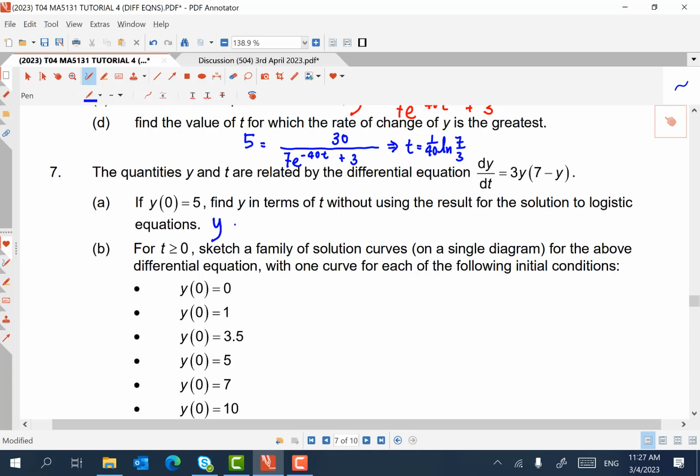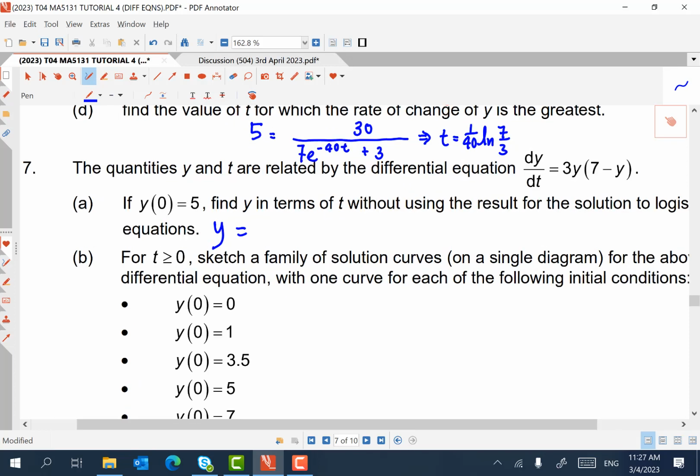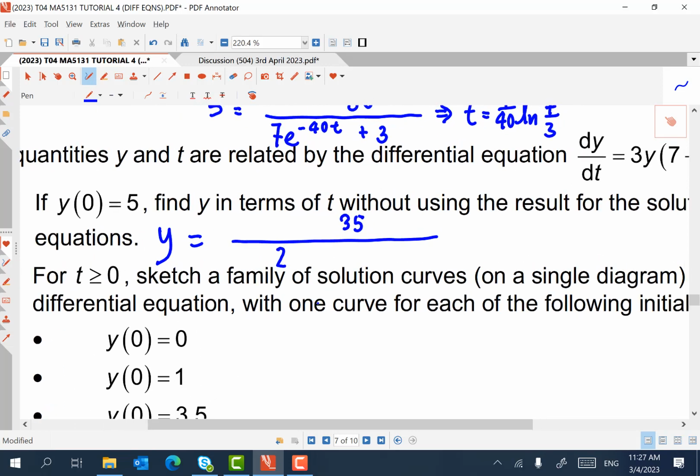Y equals Y naught times L. How much is Y naught times L in this case? Brilliant. Then below, L minus Y naught is 2.